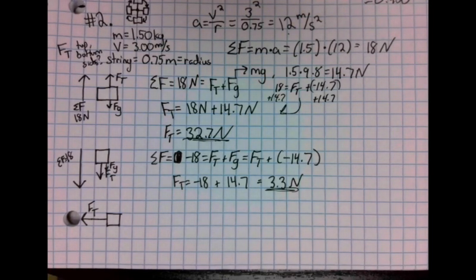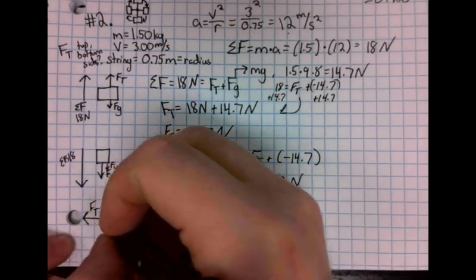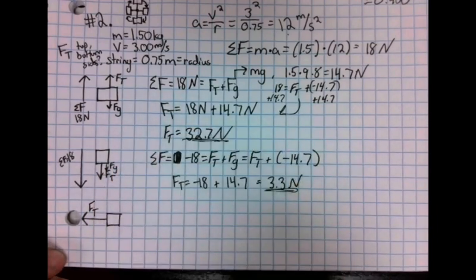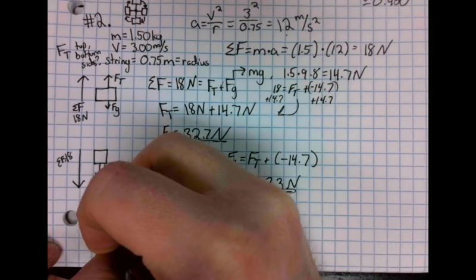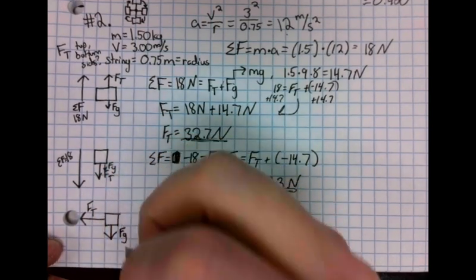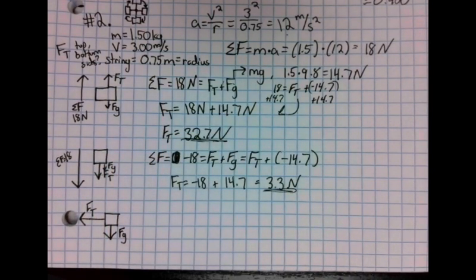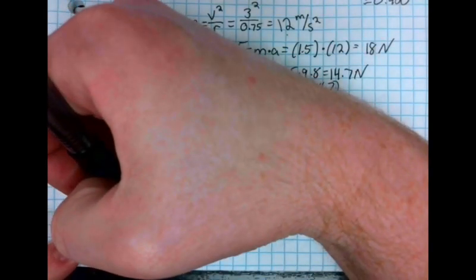Okay, we're good. So force of tension is going to point inward. I think I talked about that. Okay, we'll come down here, this is going to be the force of gravity. Now this is where things get a little bit weird because now we know our total force has to point towards the middle here.